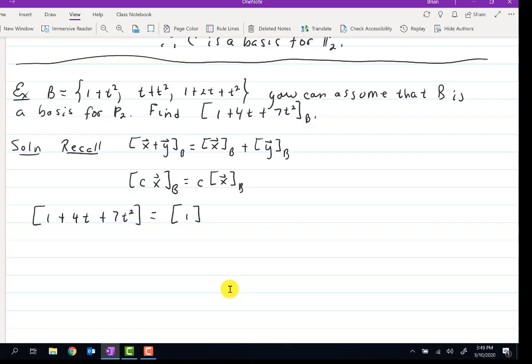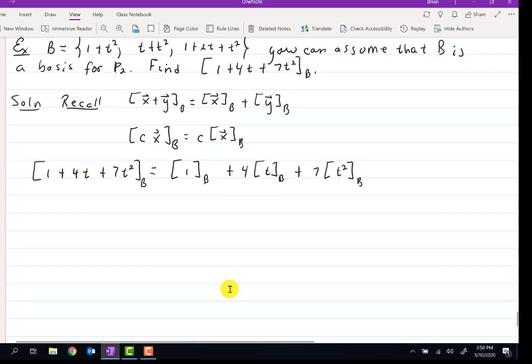And this, of course, is with respect to the basis B. So if I can figure out each of those components, those are the standard basis components there. And this is our new basis. So this is why it's important to me.